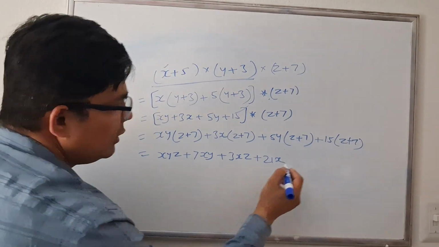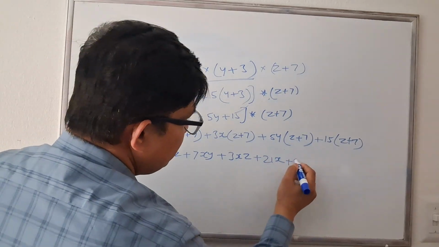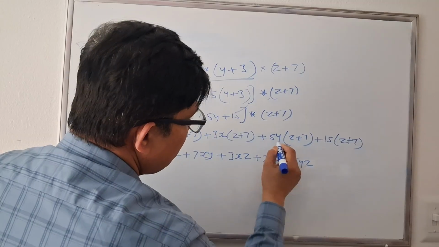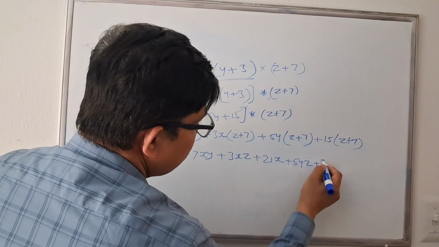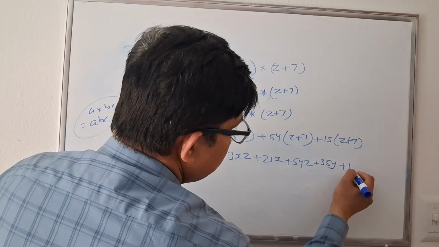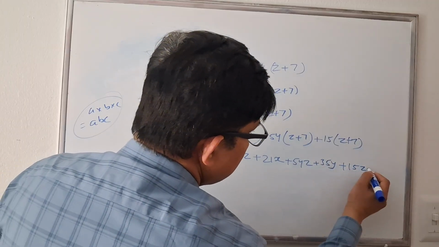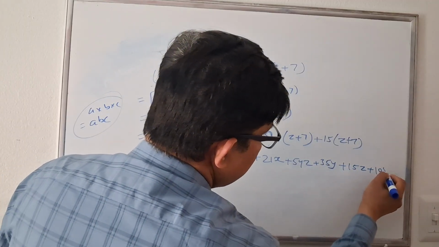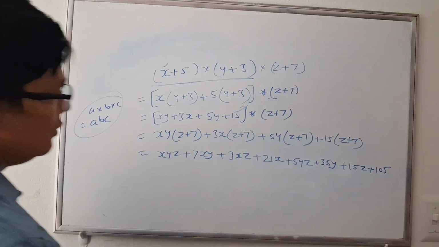Okay. Here 5y times z, 5yz. 5y times 7, 35y. Plus 15 times z, 15z. 15 times 7, 105. Okay.